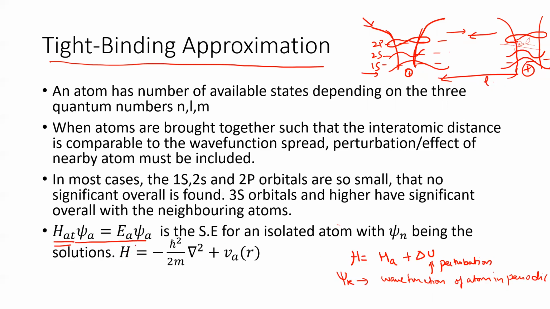While psi A's are wave functions in an isolated atom, psi k's are wave functions of an atom in periodic potential, right? So our final problem is to solve this Schrödinger's equation, H psi k is E psi k. And the problem is, if H can be written in this particular form, how does this E change from the atomic energies EA? This is what we are trying to solve now.